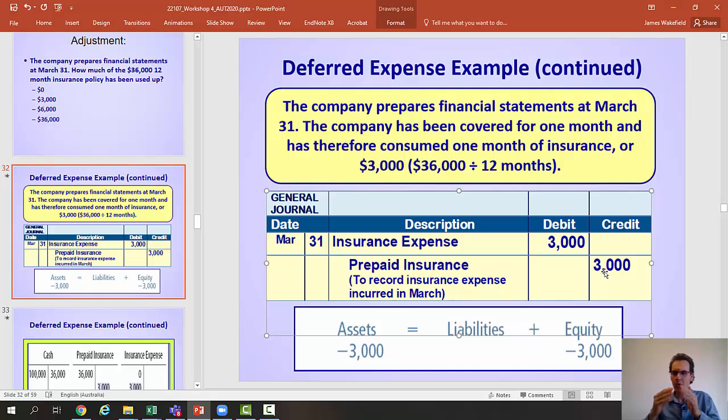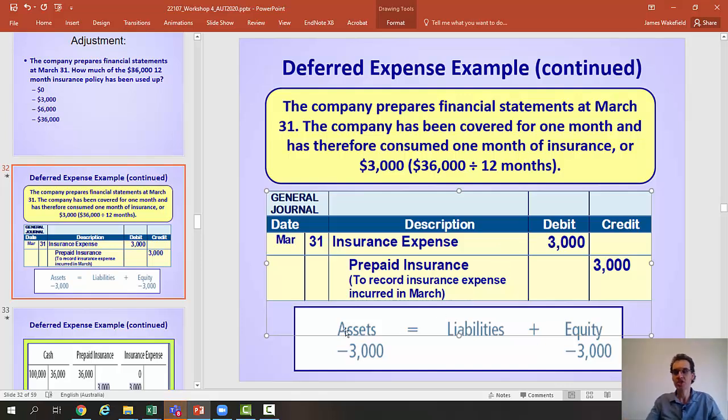And we are recognizing that we have used up that asset, right? So we have used up 1 month of benefit. So the asset amount is therefore transferred to an expense account. As you know, expenses refer to using up resources in the business. So we debit insurance expense for $3,000.